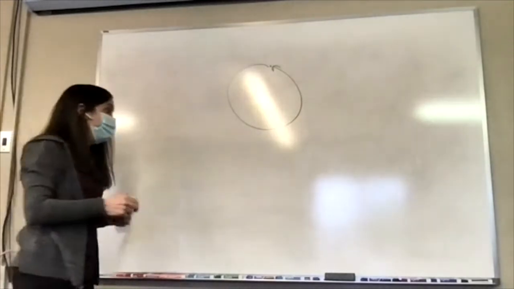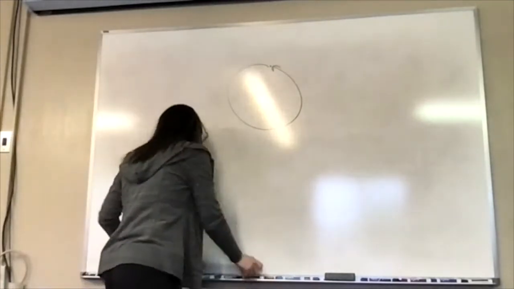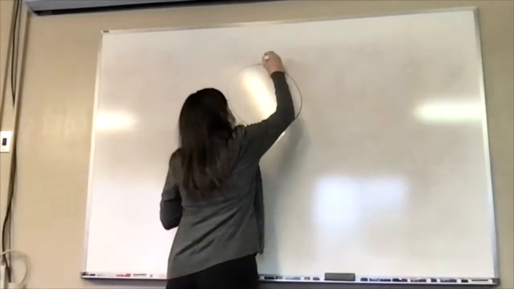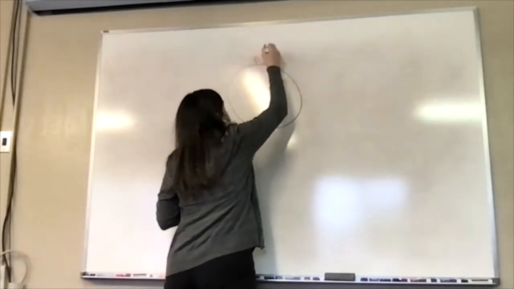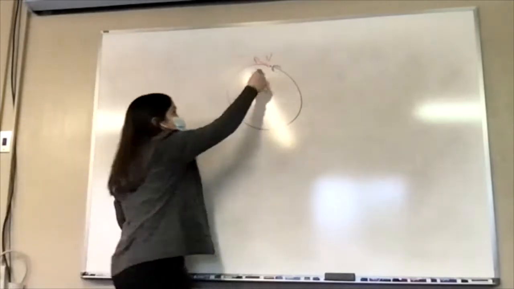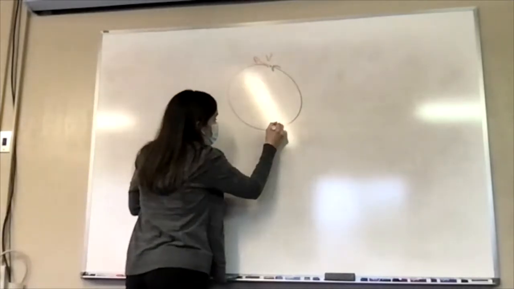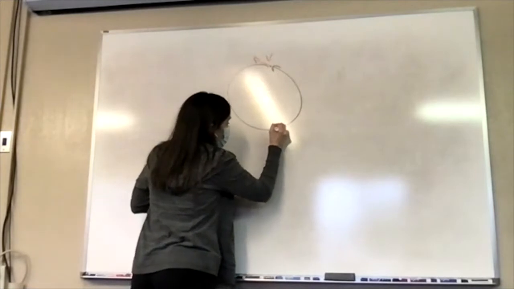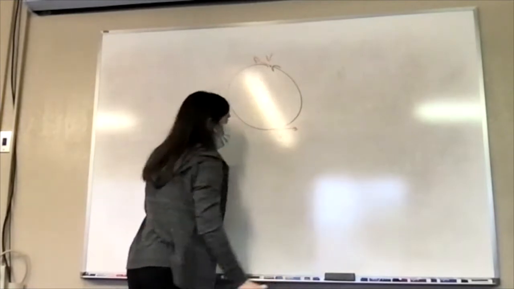Its velocity is tangent to the circle. So at any given point, this ball is moving along a line tangent to the circle. So if it's right here, its velocity would be pointing in that direction. If the ball is down here, its velocity would be pointing in that direction.